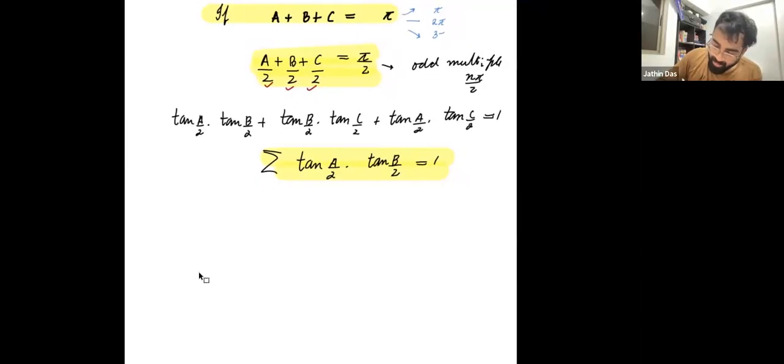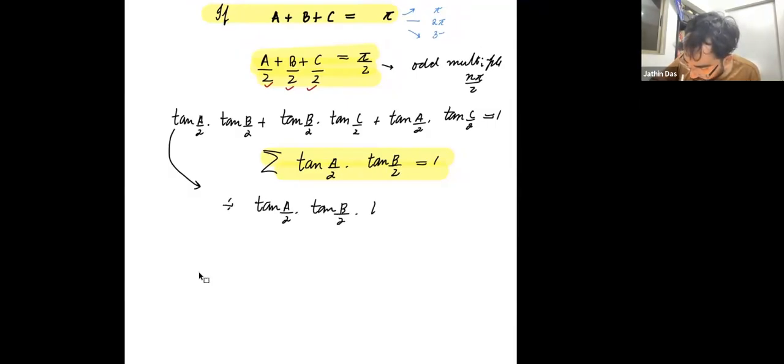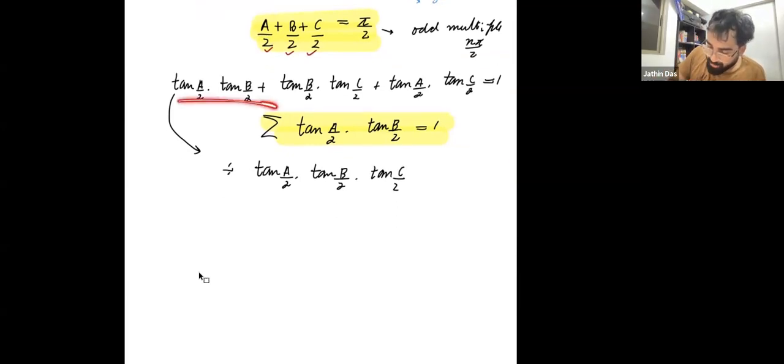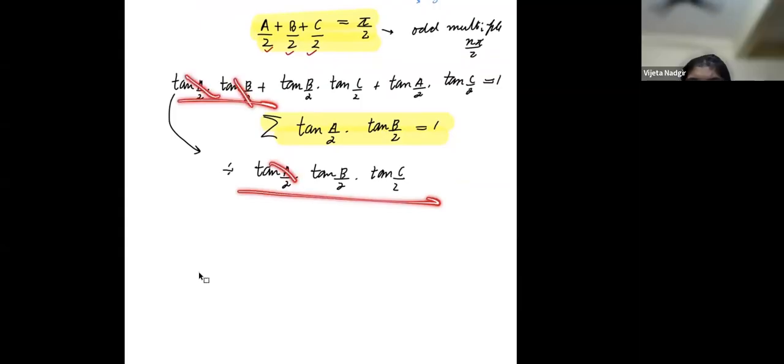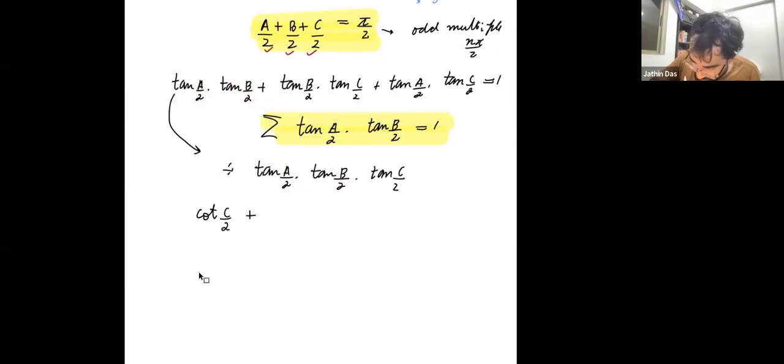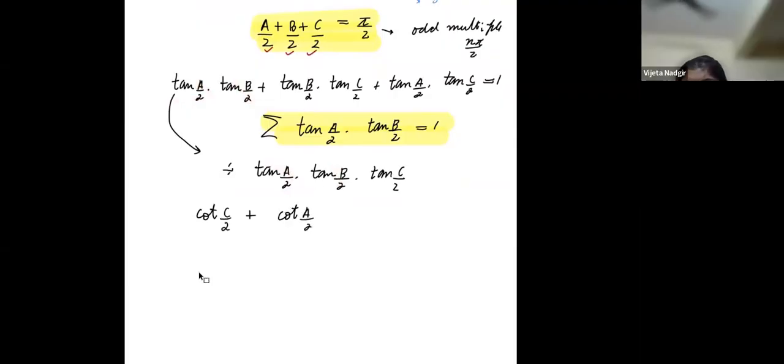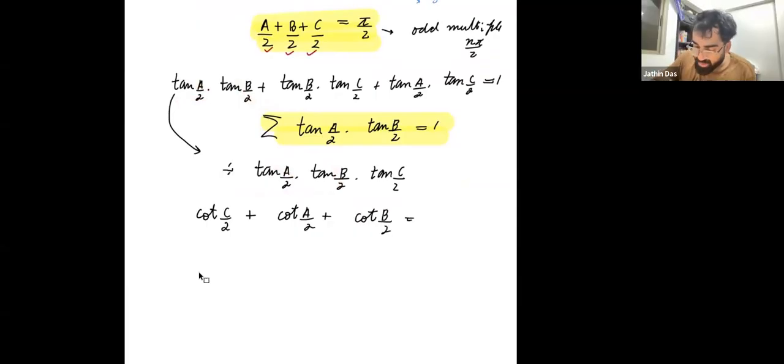Now again, in this equation I divide by tan A by 2, tan B by 2 and tan C by 2. Carefully listen. If I divide the first one by this, I get cot C by 2, then cot A by 2, cot B by 2. And what will be 1 divided by this?